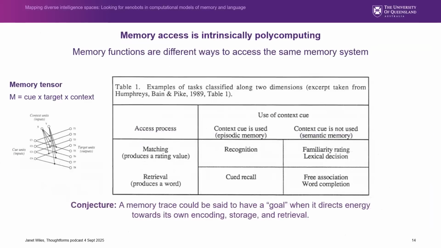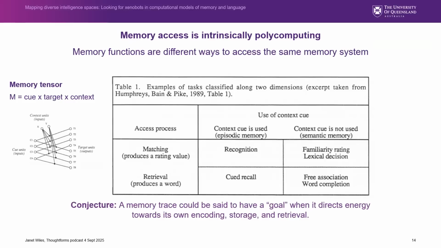Okay, so when you think about memory, it's not just thinking about the memory trace and what that active memory pattern would do, but it's also thinking about what an access process is over that memory trace. So again, going back to Mike Humphrey's work, Mike was my postdoc advisor, modeled with the memory tensor.